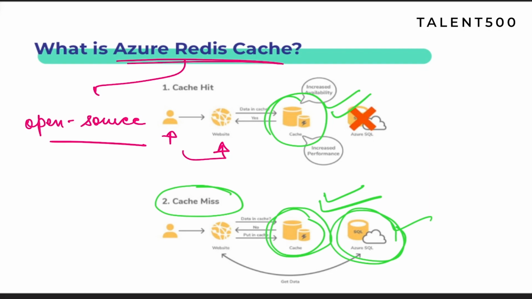And what is the major advantage of using this? When you use your Redis cache, your application is going to become faster. And how is it going to become faster? Because when you talk about any website, not necessarily in the beginning itself are you going to face a lot of traffic, but with time you can see your application having growing traffic.